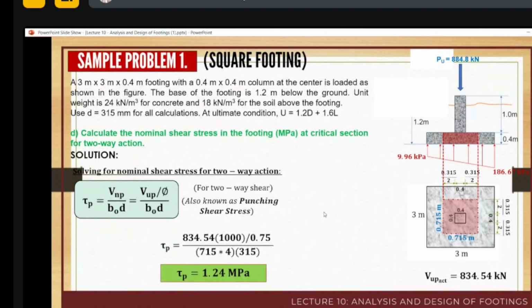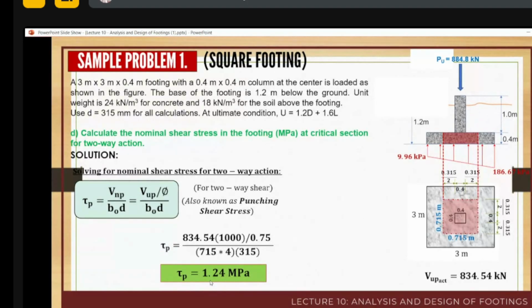So, for punching and for the nominal shear stress sa katong two-way, same ra kayo. Just use the formula, of course, kung sa to ang capacity for punching, again, divided by 0.75 times BO. Karon ang BO is katong perimeter, no, nga 715 mm or 0.715 meter. Pat man to sila ka sides, then multiplied by the effective depth, 315. So, there is 1.24 MPa.